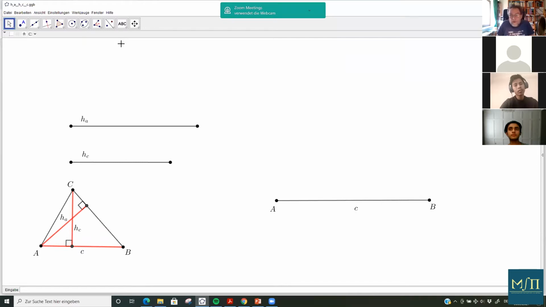But of course, we have to be aware of the fact that in principle, a program like GeoGebra has more options than we actually want to use if we're talking about pure Euclidean constructions. A program like GeoGebra can do things that are beyond the capacity of Euclidean constructions.